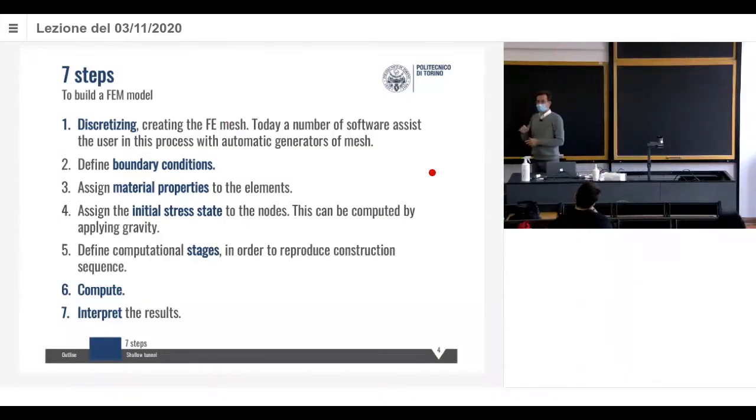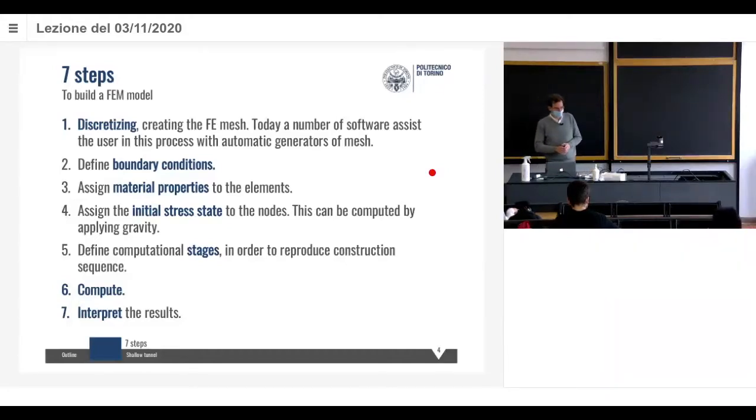Now, the 7 steps. You will find some analogy, obviously, with the 6 steps we followed to formulate the finite element method. Luckily, there are some things in common. So step number 1 is the discretization. The first thing we have to do is to discretize our finite element model. Today, many commercial softwares will assist you in this process.